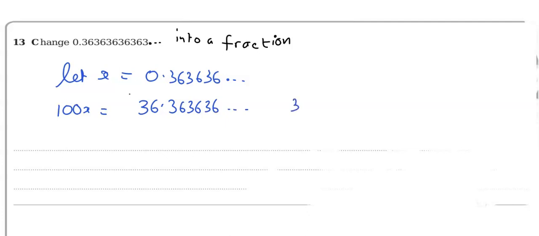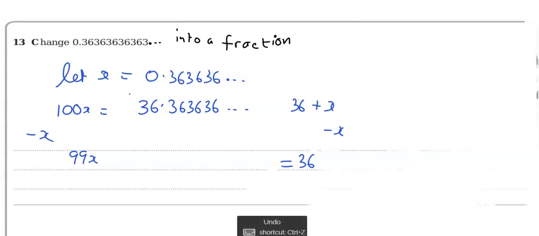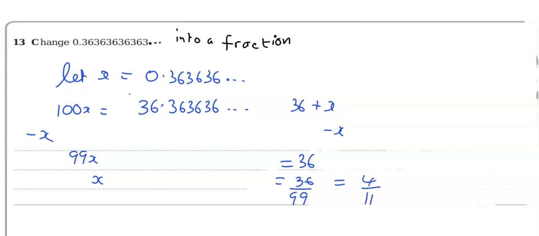But if you look at that, that is 36 plus x, because this is the same as x, it goes on forever. And so if I take x off both sides here, I obtain 99x equals 36. I want to know what x is, because this is the thing I was asked about. Divide both sides by 99. X equals 36 over 99. I don't absolutely have to cancel down because they didn't tell me to, but that goes down to 4/11ths, because 9 goes into top and bottom.